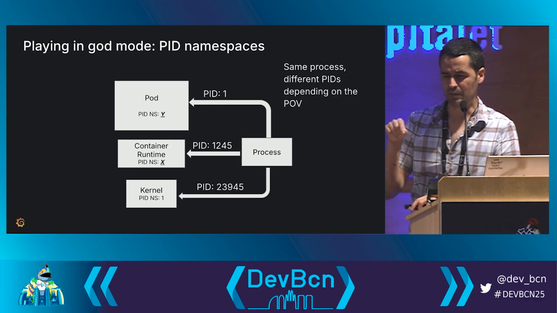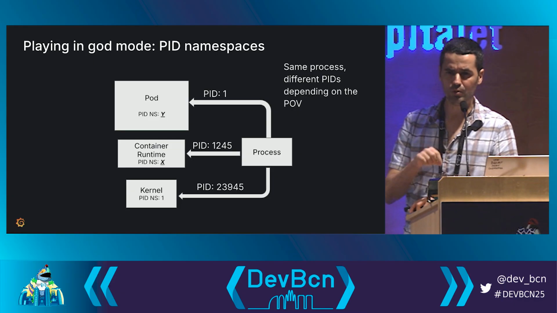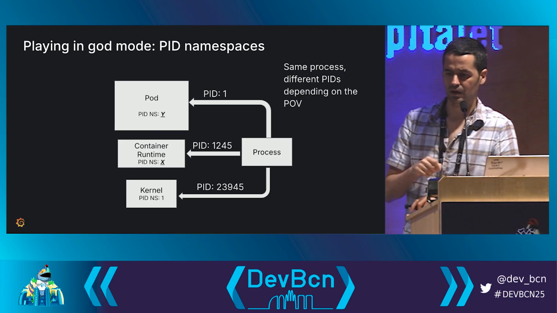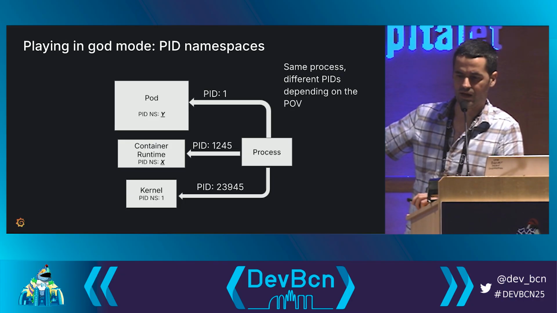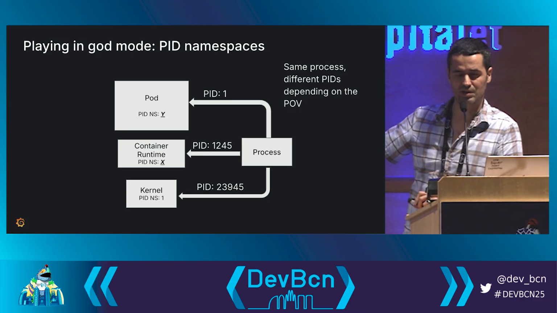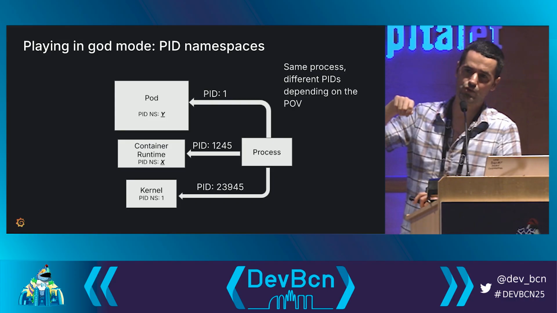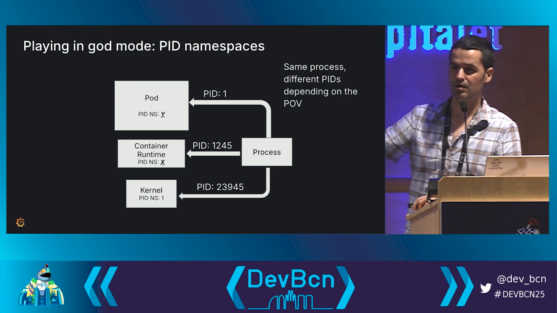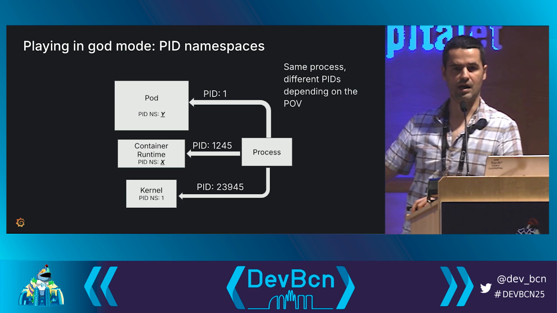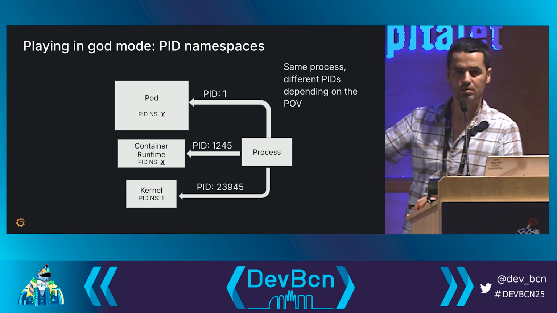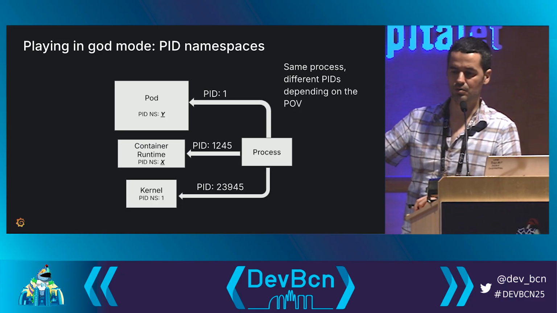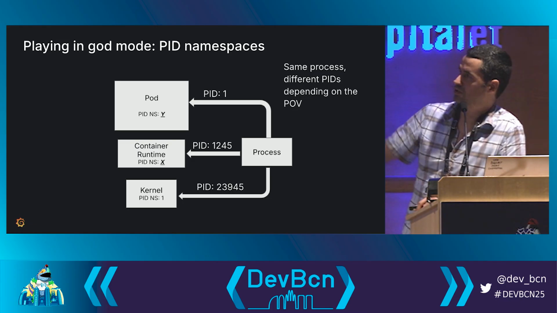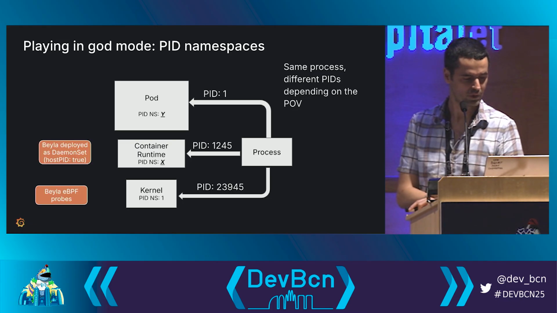If you are running a program at the host node, you can get a number. But if you go to the container runtime that runs the containers of your cluster, it will have another. But even if you go inside that pod and you observe it, you will get another PID, usually PID 1.